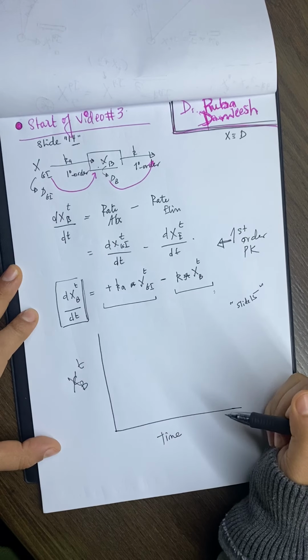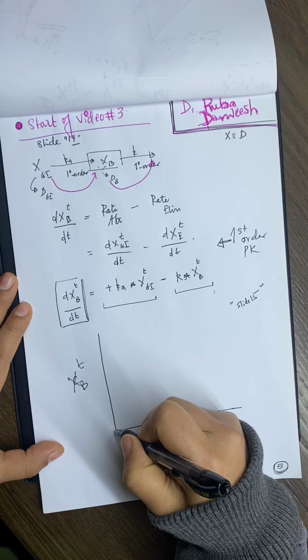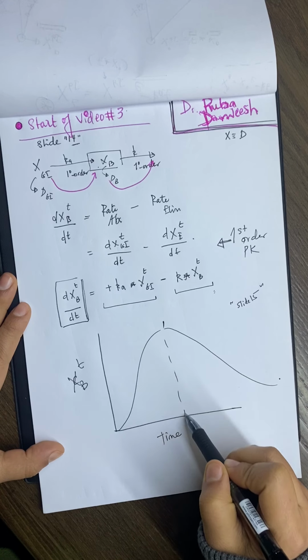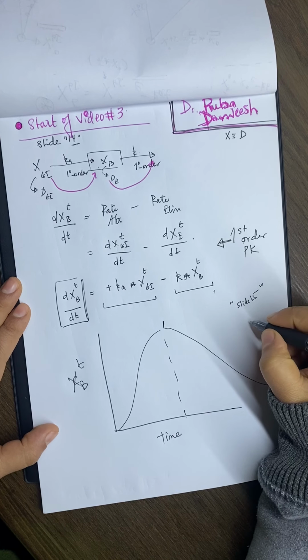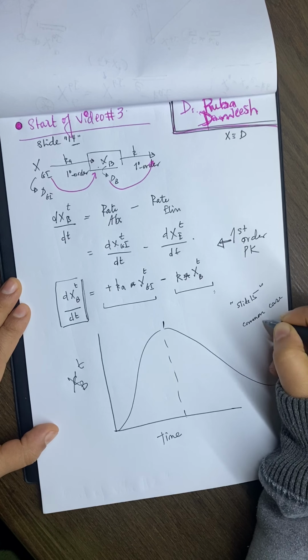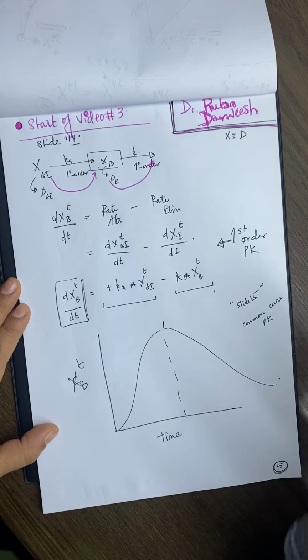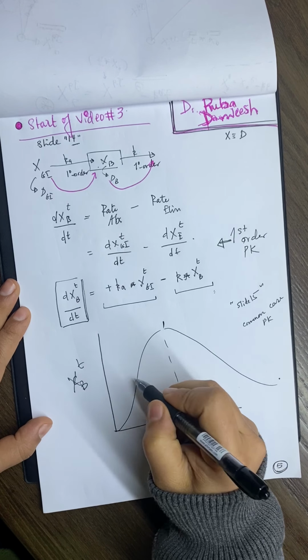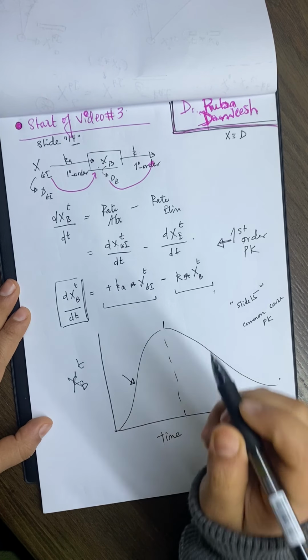Whatever the unit that we have, we will have increase and decrease if we are talking about the conventional or the common case in kinetics, in which the absorption rate is higher or larger than the elimination rate. Here we said that this is the absorption phase.